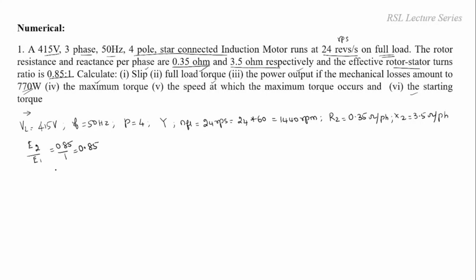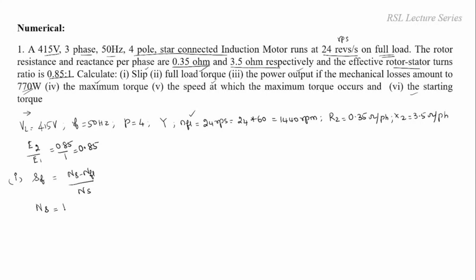Okay. So first we have to calculate the slip value. Since we have the speed corresponding to full load condition, we can find the slip corresponding to full load condition. This is given by (ns − n full load) divided by ns. Here ns is the synchronous speed, which we have to find out.